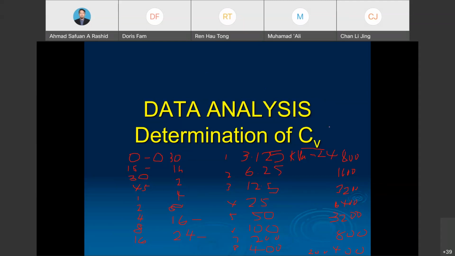So kita akan ada 14 graph, and then we also have at least 14 different CV values, kerana setiap stress yang dikenakan, CV value akan berbeza.